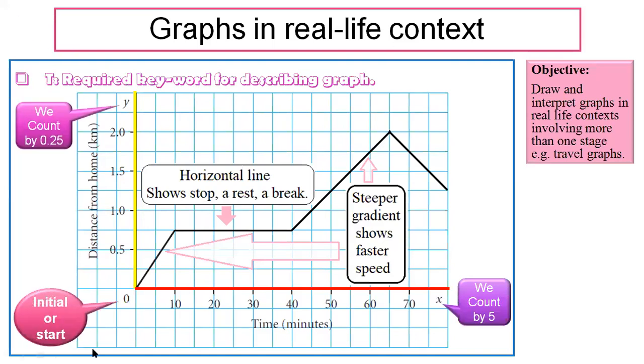And if you look at the intervals of the y-axis, it's from 0 to half, half to 1, 1 to 1.5, 1.5 and 2. So we skip counting by halves, but there are two spaces between 0 and half. So how many units do we count from this 0 up to this part? What is half of half?